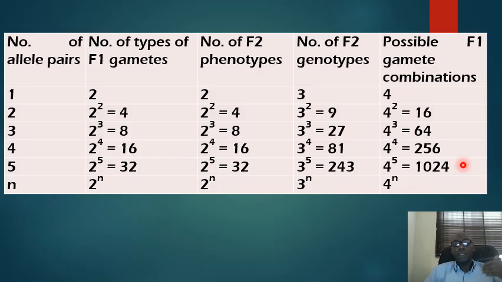So as the number of alleles increases, the possible gamete combinations increase as well. This was a monohybrid cross, this was a dihybrid cross, as we saw in the Punnett square of Mendel. But for a trihybrid cross, you're going to have 64 possible gamete combinations in the Punnett square.